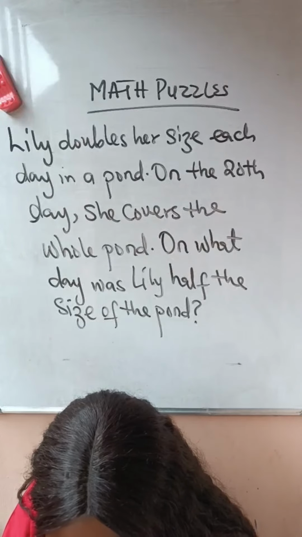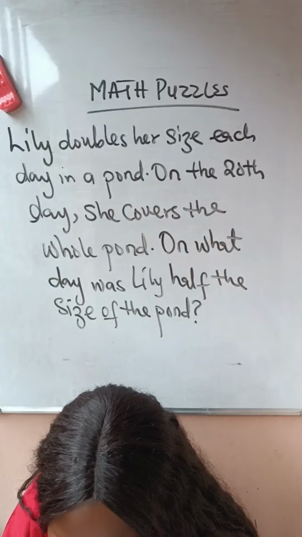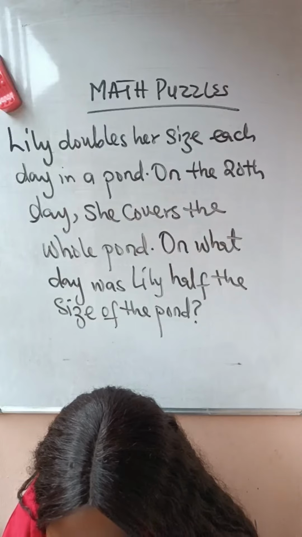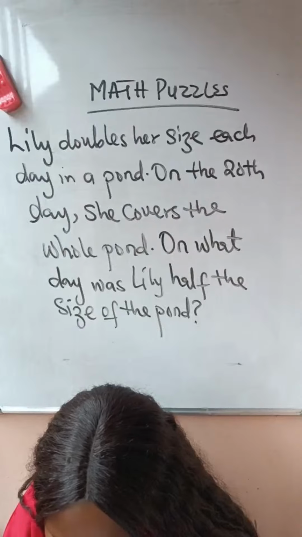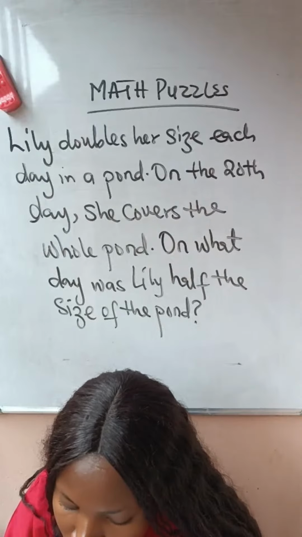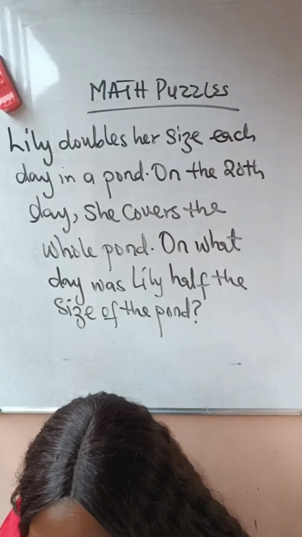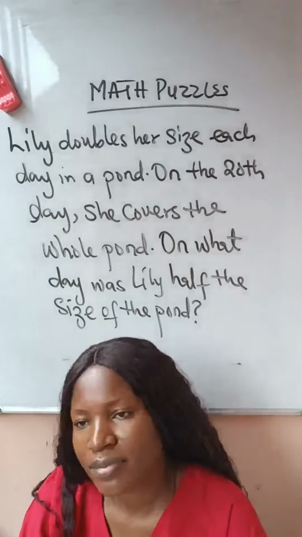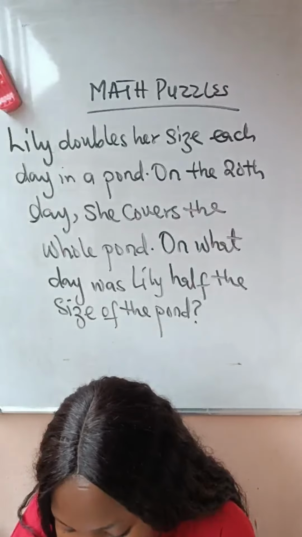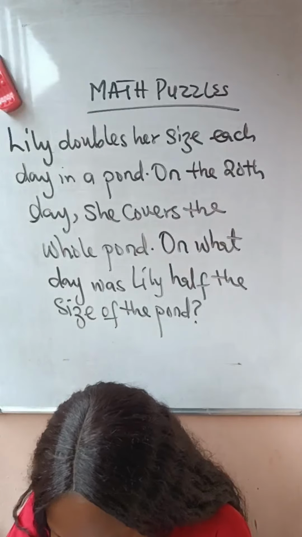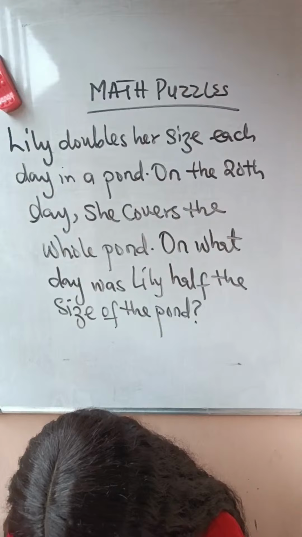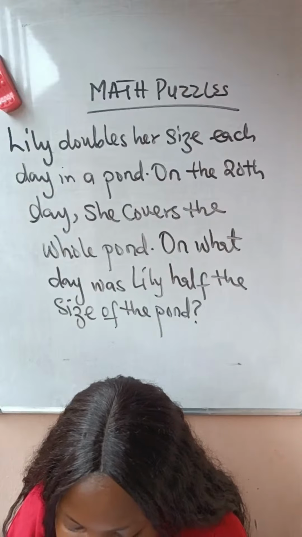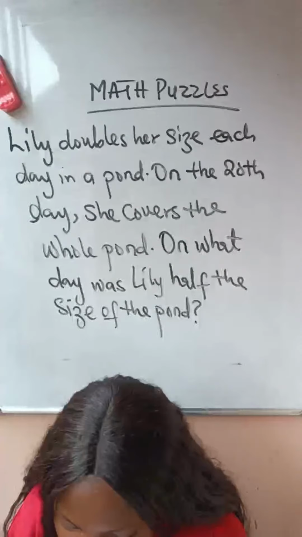Okay, so Shaba is saying 19th day. Juby is saying flowers have both male and female parts. Okay, but why are they referring to Lily, the whole of Lily, as she? Who calls a flower she? I love this. Lily doubles her size each day in a pond.